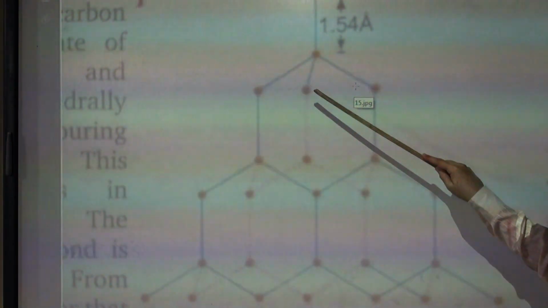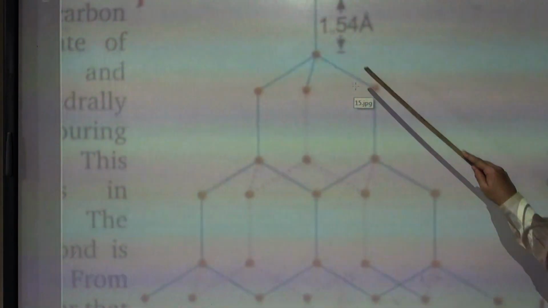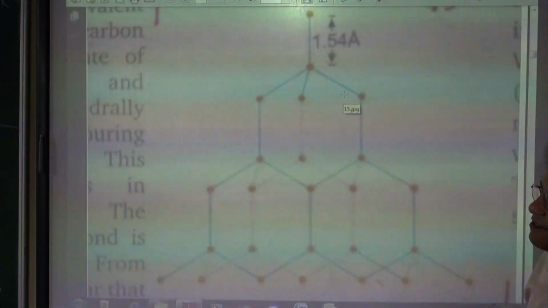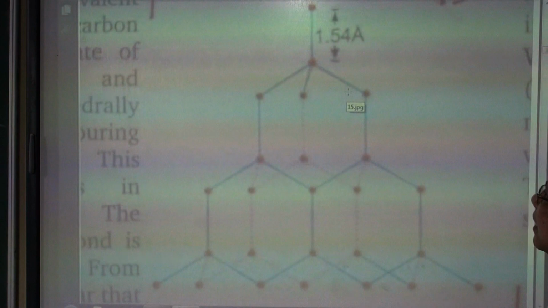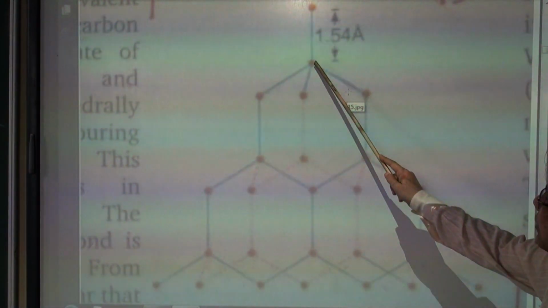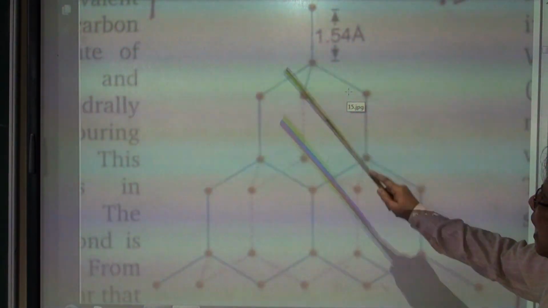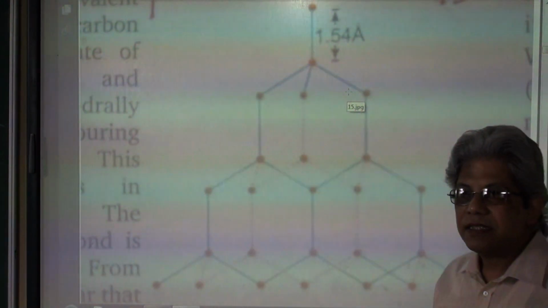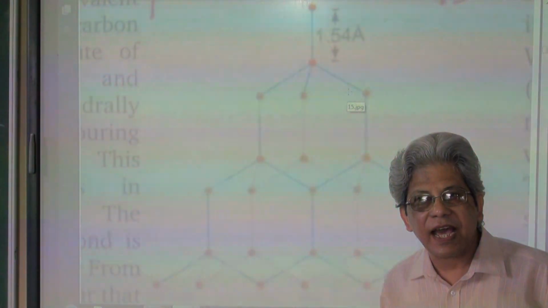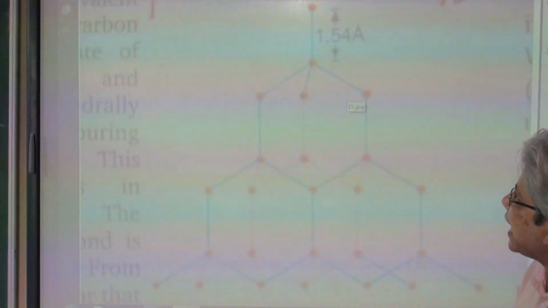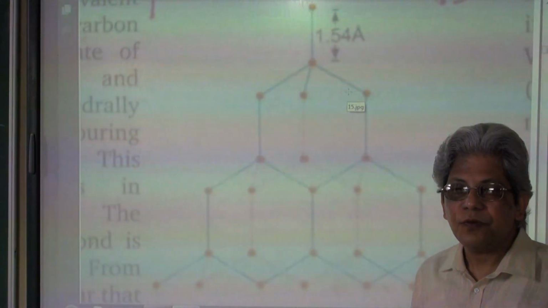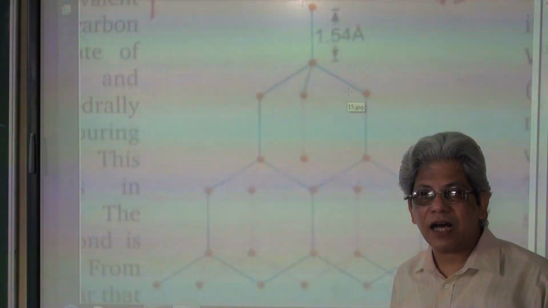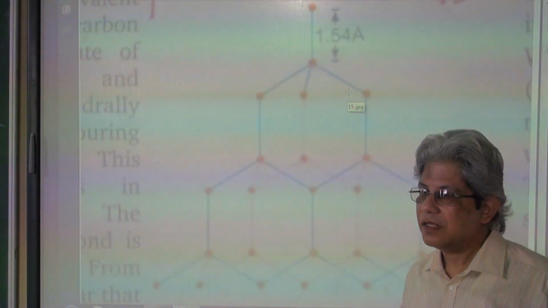There are 4 other carbon atoms around it, tetrahedrally arranged. Another point we need to remember, the carbon atom is sp3 hybridized here so that it can form 4 covalent bonds with 4 different other carbon atoms.